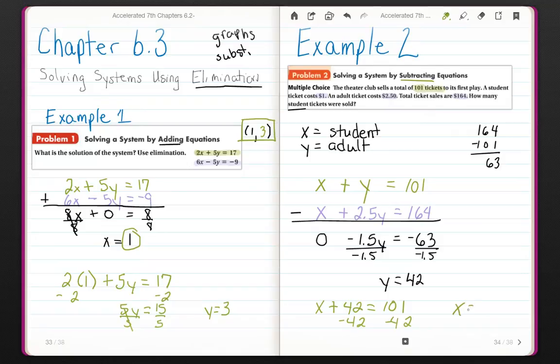And x equals 59. So there were 59 student tickets sold for the play. So again, I want to eliminate a variable, so I'm going to subtract this time so that my x's are eliminated. That's why we call this the elimination method.